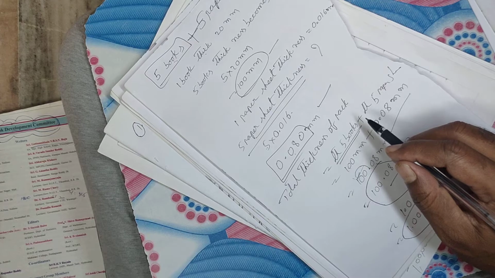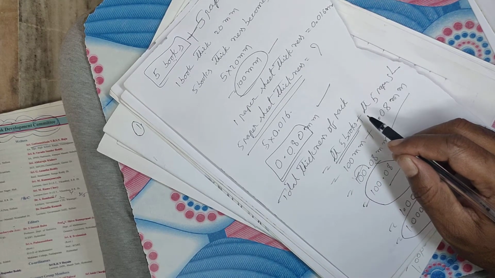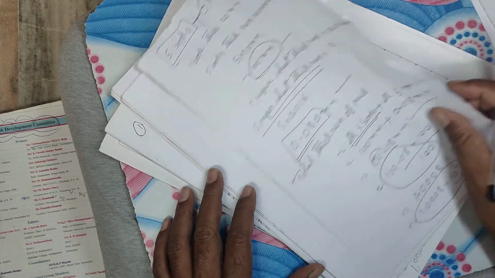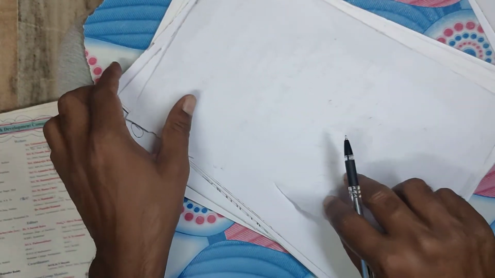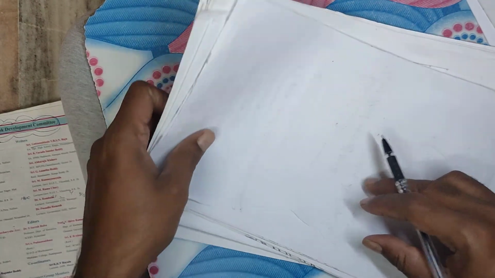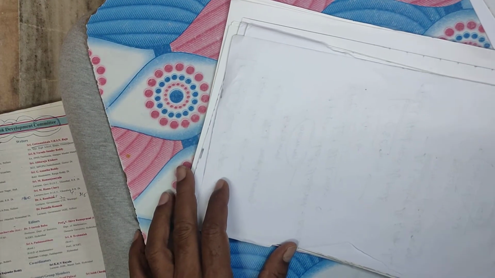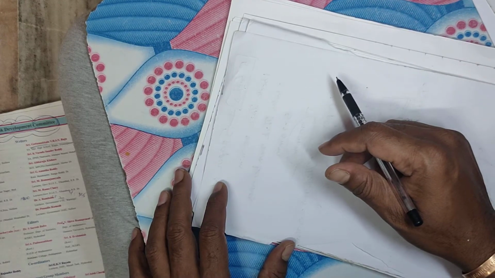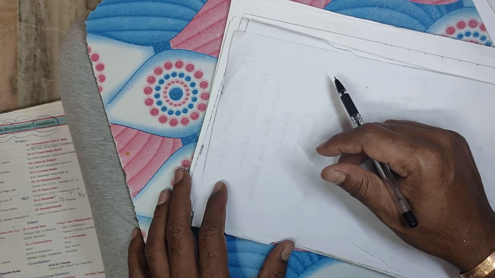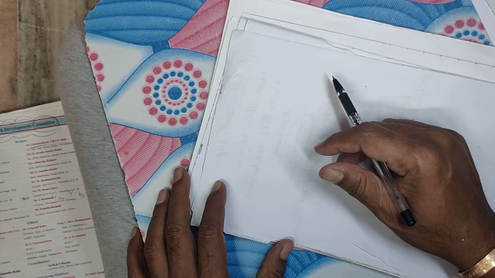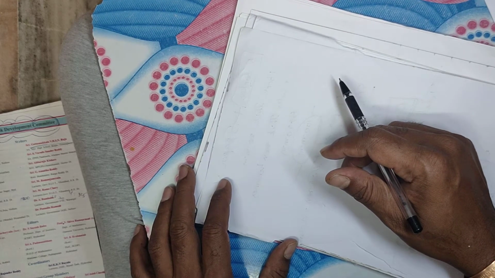Now the last sum given in this is, one person, Rakesh, did some problems in some manner, and you have to check whether they are correct or not. Rakesh solved some problems of exponents in the following way. Do you agree with the solutions? If not, why?